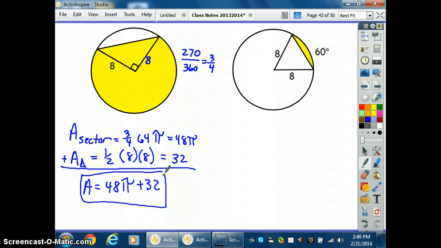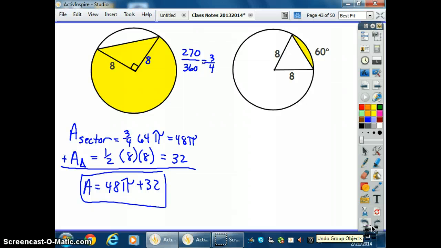Okay, and the next one. If we find the area of this sector and then subtract our triangle, we'll get this part, right? What I'm saying is if we find the area of this whole sector, the green and the yellow, and then subtract this triangle, we would get that area.